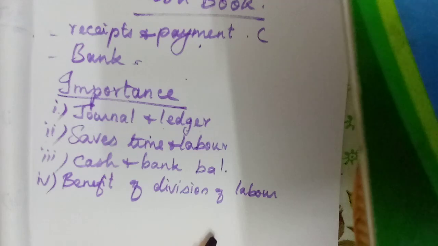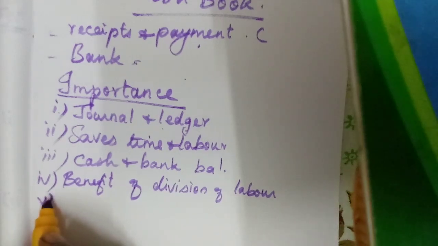A separate clerk or cashier can deal with the cash book, so he will be familiar. The main benefit of division of labor is gaining efficiency in performing his work, which can be got from the same clerk doing the same work.